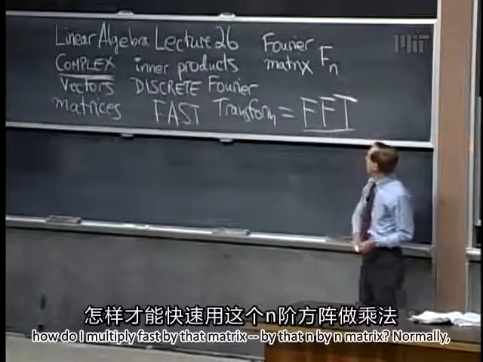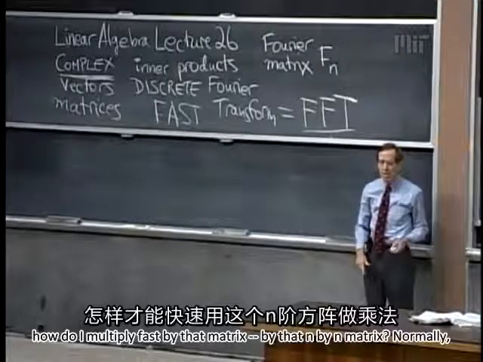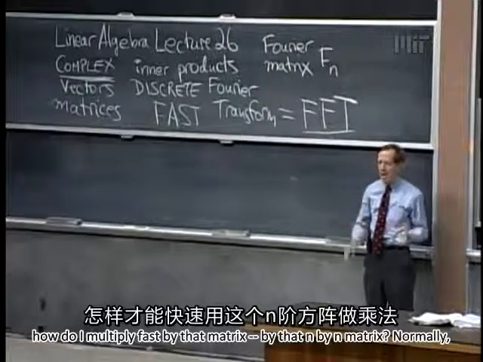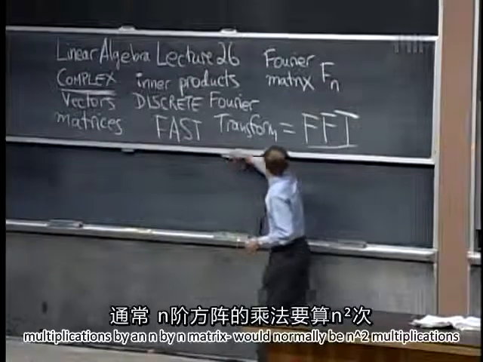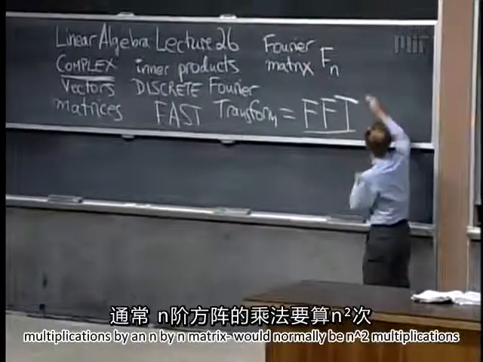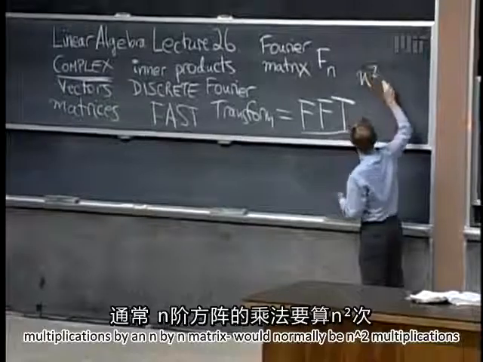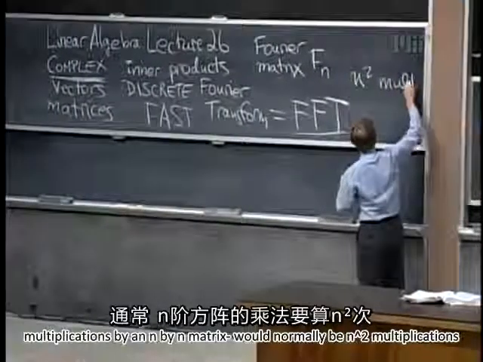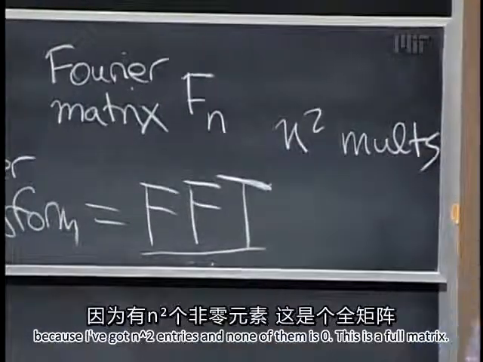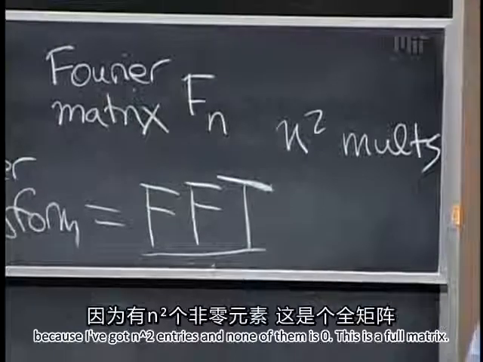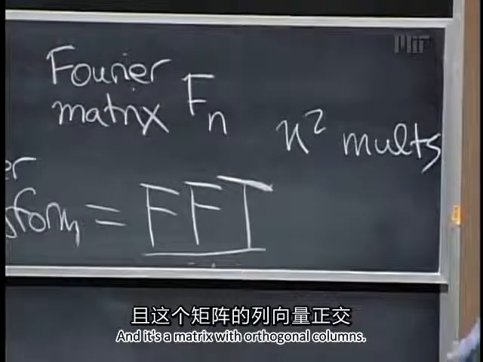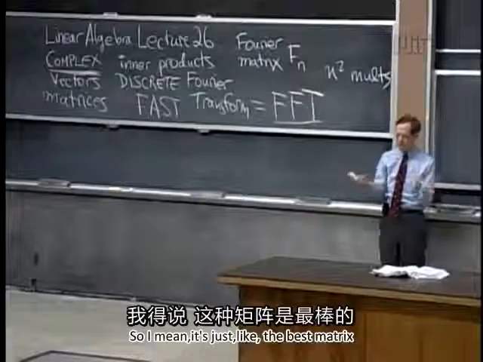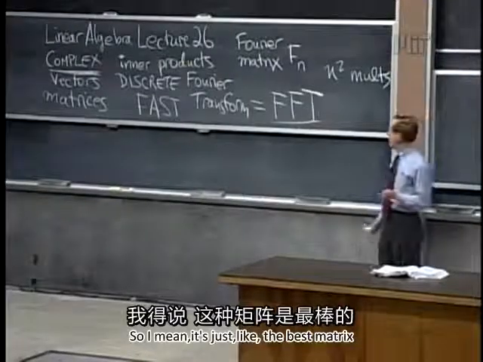How do I multiply fast? By that n by n matrix. Normally, multiplication by an n by n matrix would be n squared multiplications, because I've got n squared entries and none of them is 0. This is a full matrix. And it's a matrix with orthogonal columns. I mean, it's just like the best matrix.